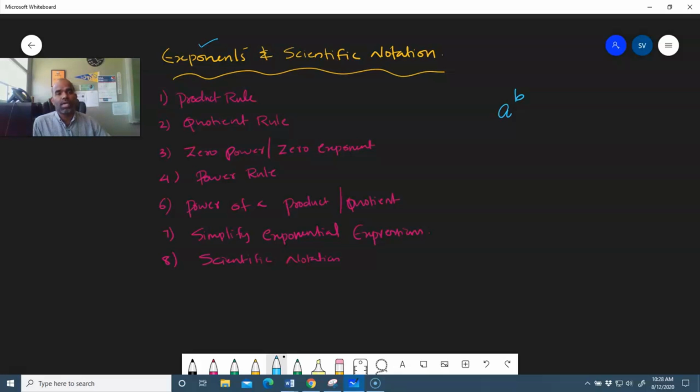So both of this a and b are having its own name. b is called the exponent or degree or power or index. Okay, and different names are there, and a is the base.